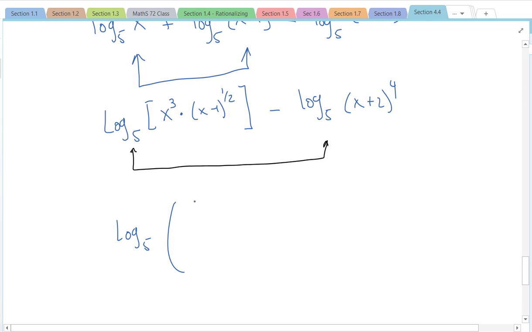So I'm going to have x cubed times the square root of x minus 1, right? 1/2 becomes a radical with the index of 2, so square root over the inside of this log. So this will be the x plus 2 to the 4th power. And so now I have written the whole expression into a single logarithm. So that's how we go from a complex logarithm to a single logarithm.